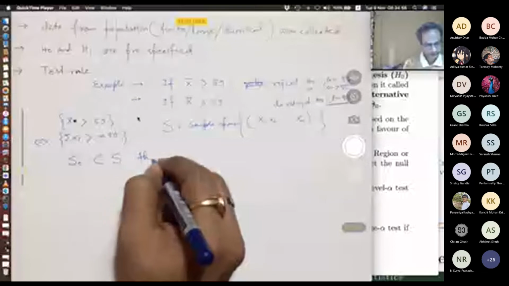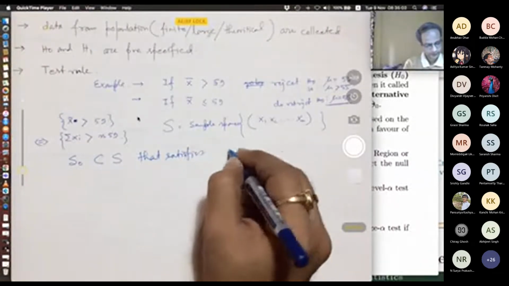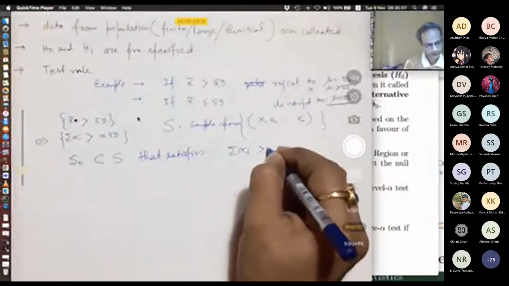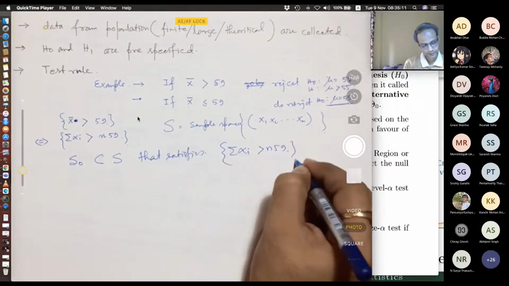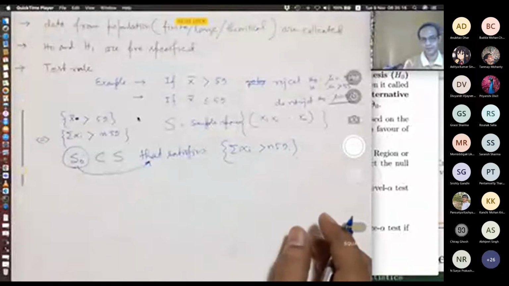that satisfies the sum over xi greater than n times 59. So S naught is satisfying this condition. Sir, in this case, is n the number of elements in S naught or S?